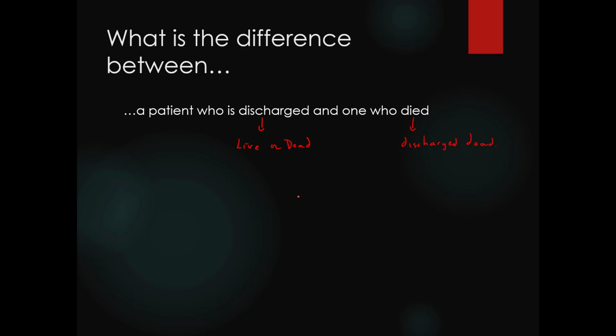Put mathematically, discharged dead is a subset of discharged. And sometimes you'll get a designation of discharged live, then the dead are not included. So you just have to keep that in mind.